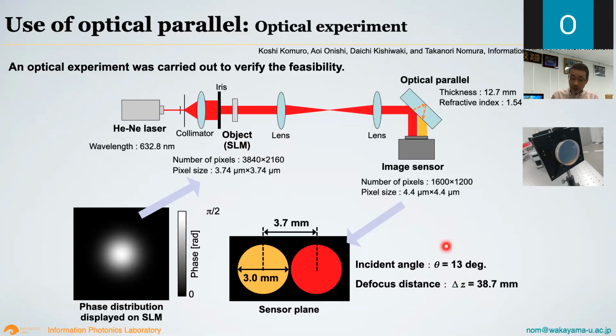With 13 degrees incident angle, thickness 12.7 millimeters, and refractive index 1.54, the defocus distance delta Z is 38.7 millimeters. Actually, this distance is too long for TIE, but we cannot adjust delta Z.